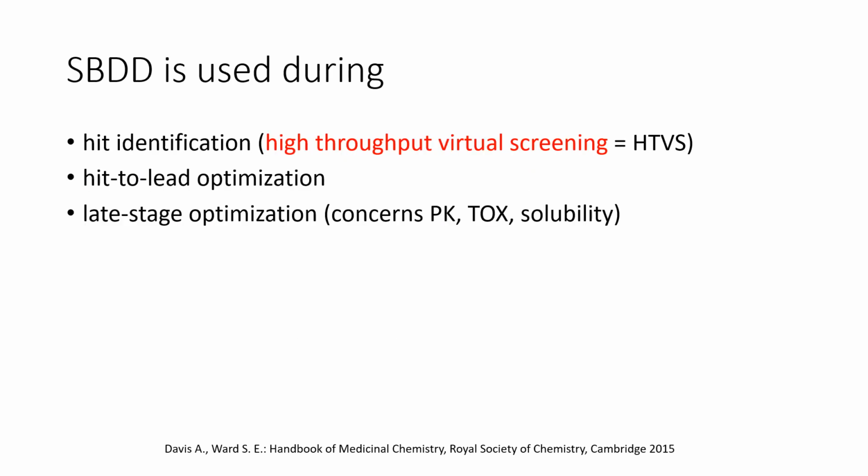Generally, structure-based drug design is used during the process of hit identification within the high throughput virtual screening, then later in the process of hit-to-lead optimization, and also during the late-stage optimization.